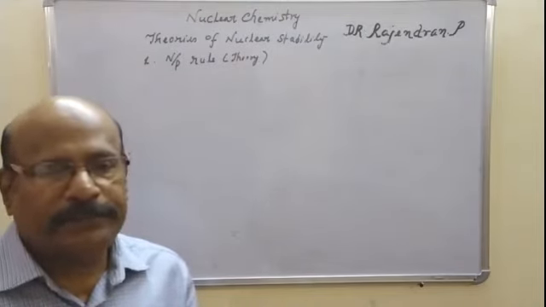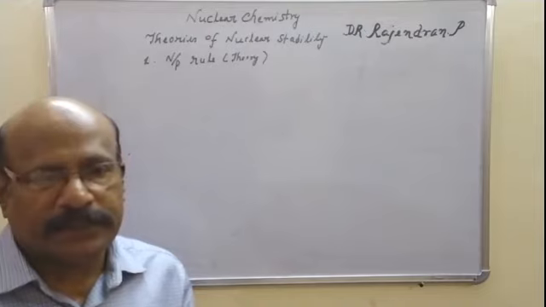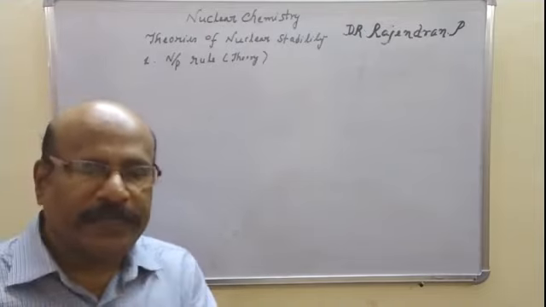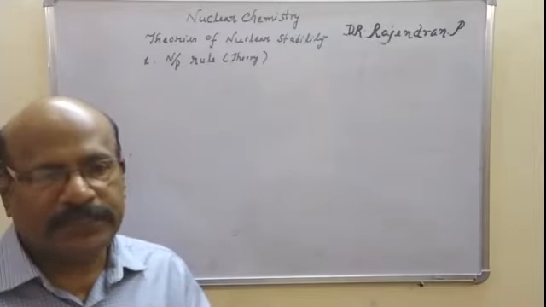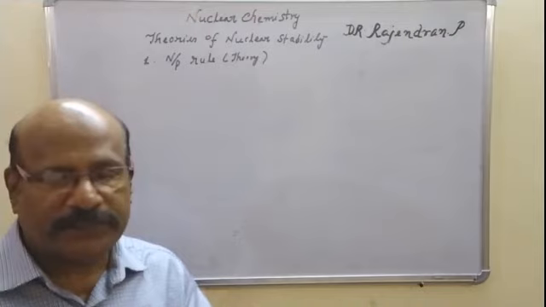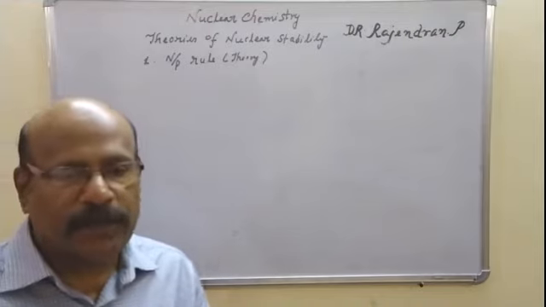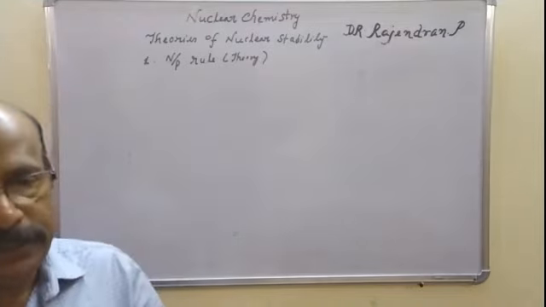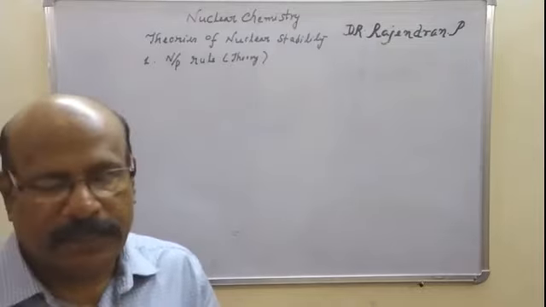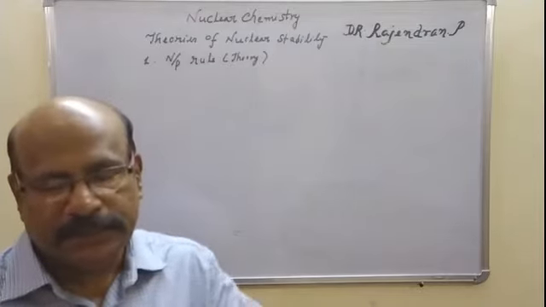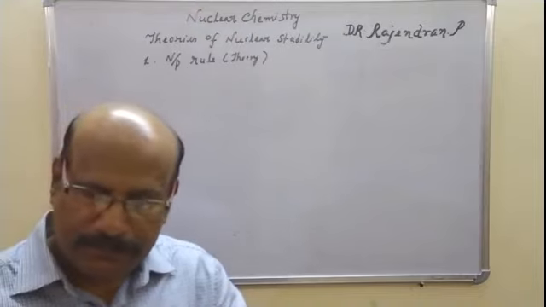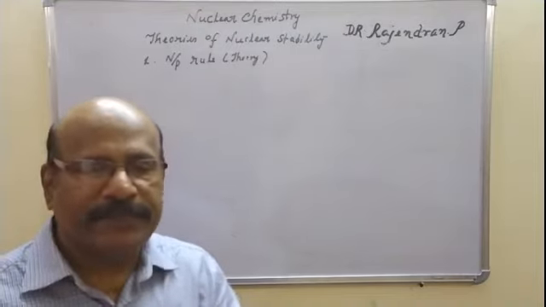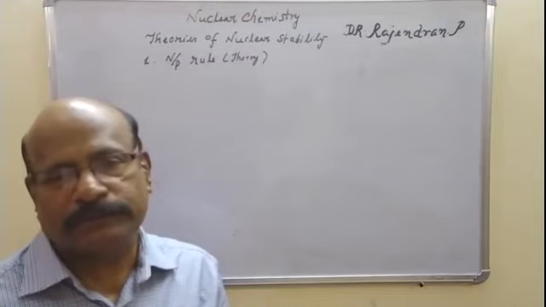In order to minimize the pp repulsion, an equal number of neutrons should also be added inside the nucleus, so that the pp repulsion is counterbalanced by the nn attraction or np attraction produced due to the addition of neutrons in between the protons.